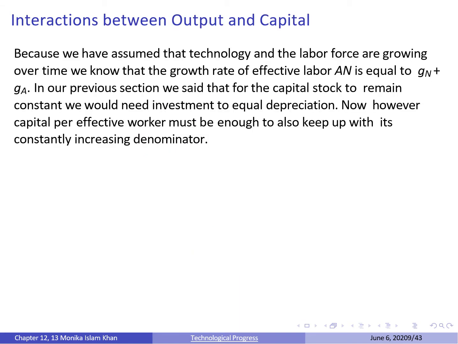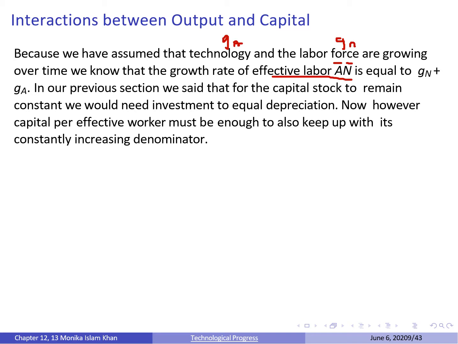Now, we assume that technology over time grows at a constant rate of gA, and labor over time grows at a constant rate of gN. So it follows that the growth rate of effective labor, AN, is equal to the growth rate of technology plus the growth rate of labor.